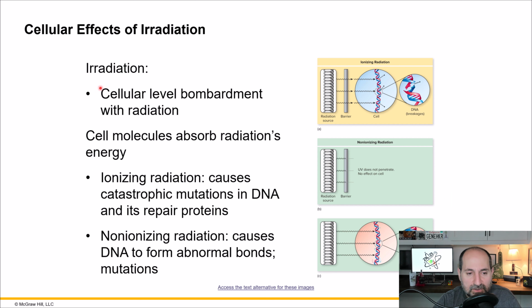There are two types of radiation: ionizing radiation, which causes breaks in the DNA, catastrophic mutation in DNA, and non-ionizing radiation, which causes thymine-thymine bonds to form, cytosine-cytosine bonds to form. So you're going to see ionizing radiation with things like X-rays and gamma rays, while non-ionizing radiation has more to do with UV rays.